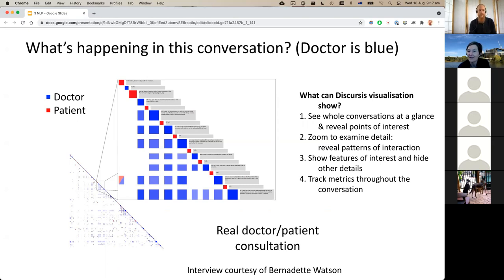Or is the doctor repeating themselves? And so the answers from the patient are very, very short. And what's happening is the doctor is actually ranting in this particular one.